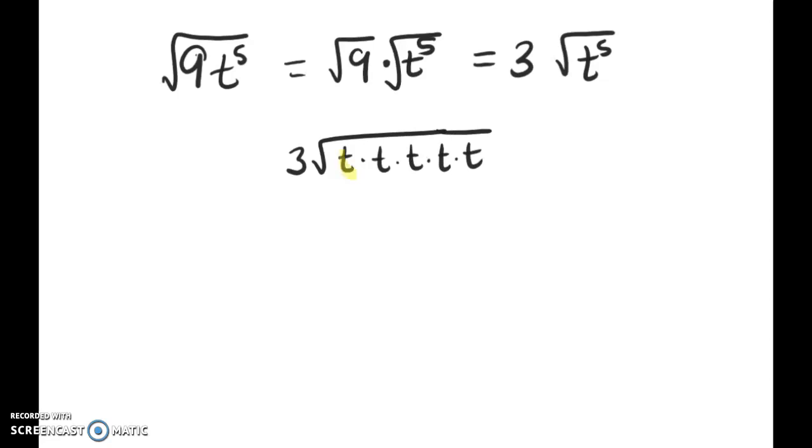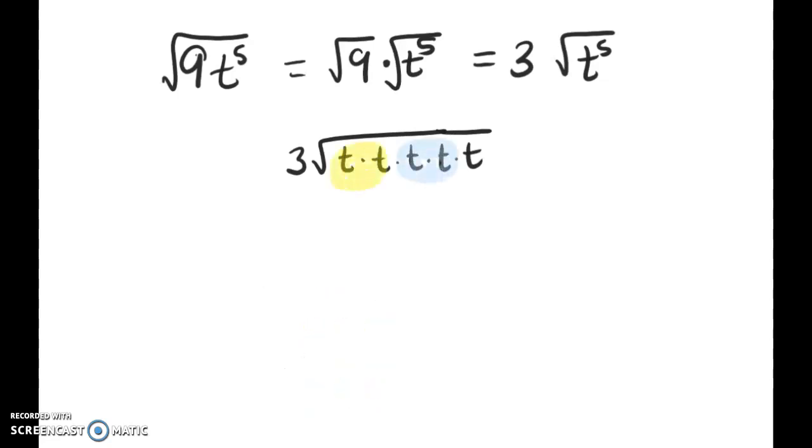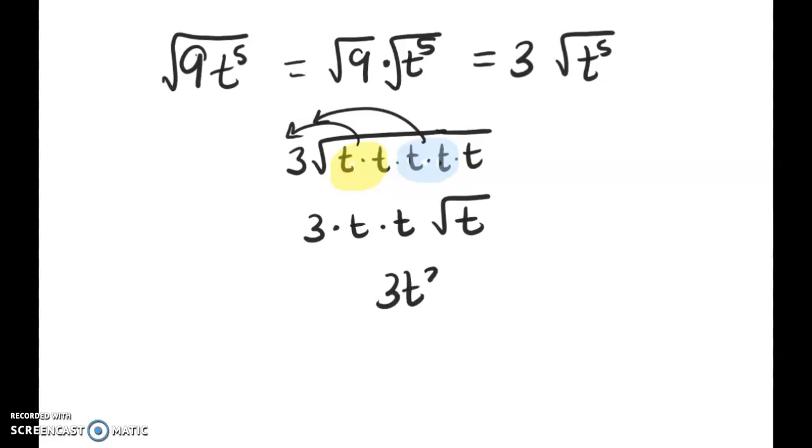Then pulling out any pairs, this is a pair, this is another pair, I can pull each of those out. They'll come out in front of the radical sign as 1. So it becomes 3 times t times t. And I still have one of them under there. I can't simplify that further, so this would be my answer here.